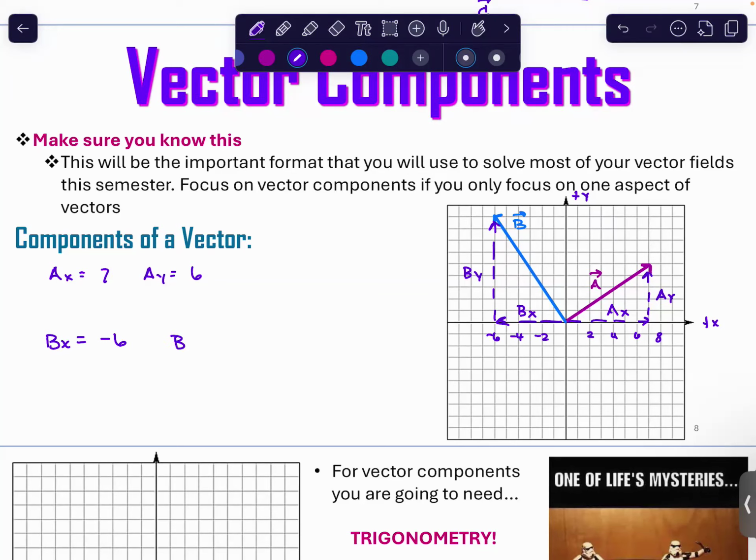Your By, what is that? But it drives home the point that these vectors that exist in multiple dimensions have parts of themselves that lie in X and lie in Y.